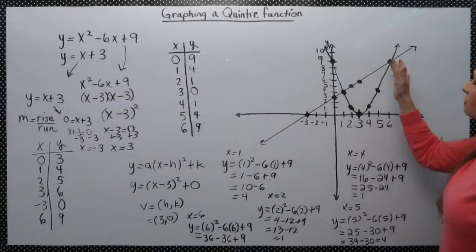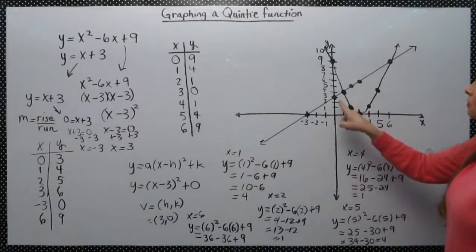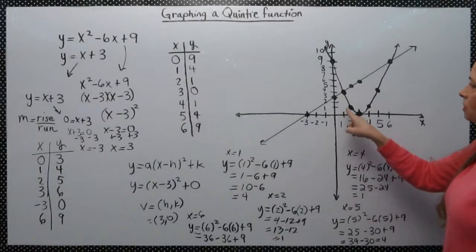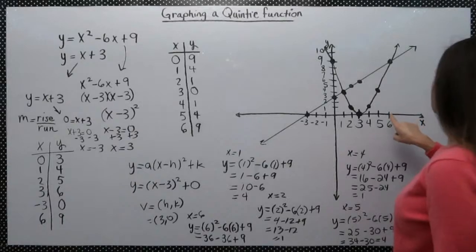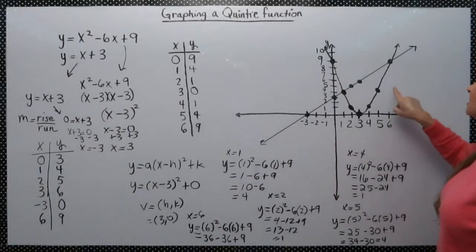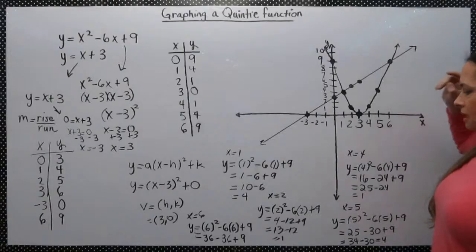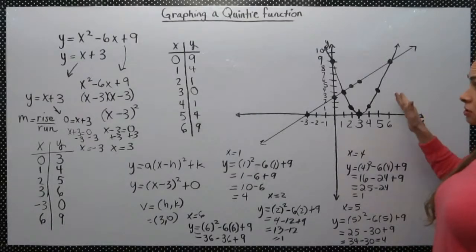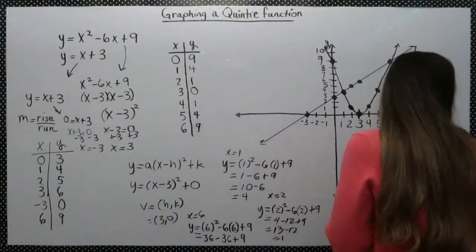So graphically, we can see that there's 2 solutions to this equation. We can see a clear intersection at 1, 4, and we can see the other clear intersection is at 6, 9. And this is actually the solution to the system. We can verify that graphically.